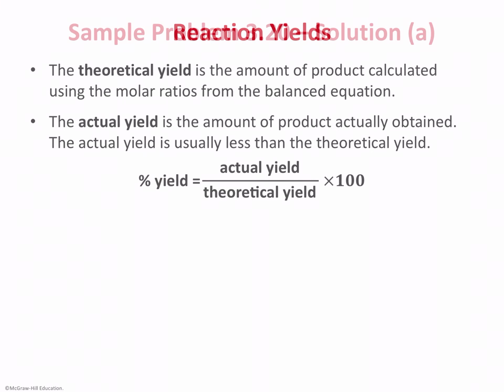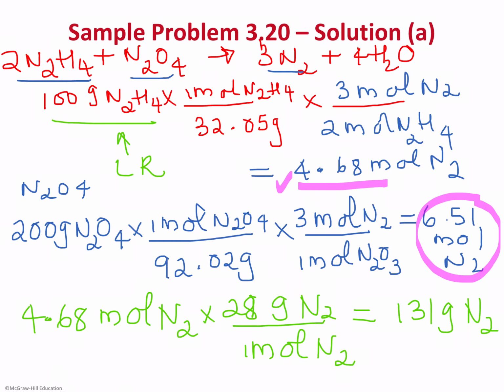Now the theoretical yield, so from our previous example, we can consider 131 gram as the theoretical yield, meaning in theory, if there are no side reactions and the reaction goes to completion, to 100% yield, we should be making 131 gram of nitrogen. Now, in order to find this number 131 gram, did we have to do the experiment in the lab?